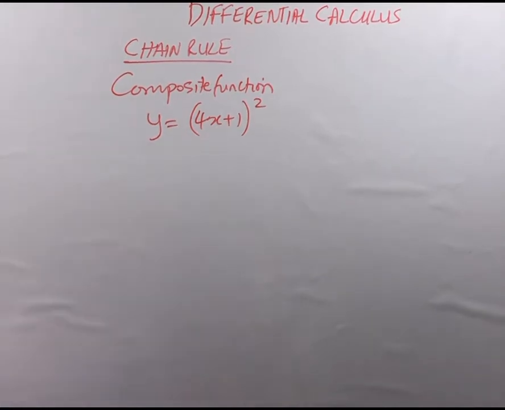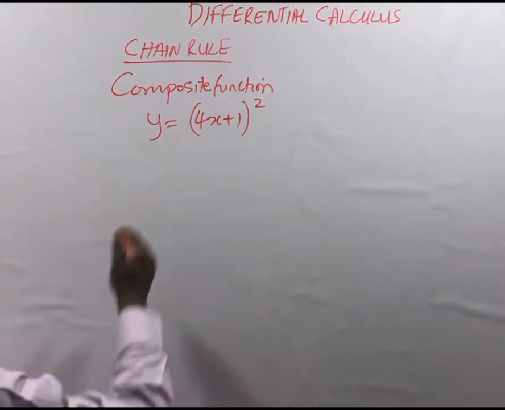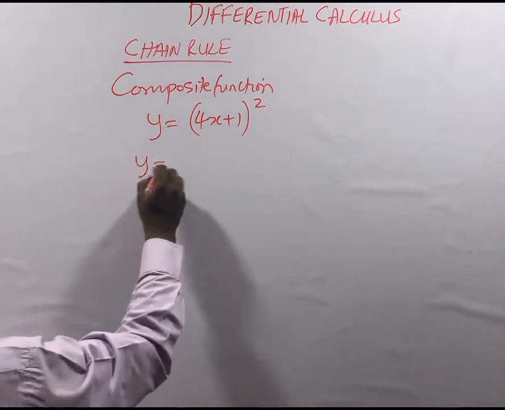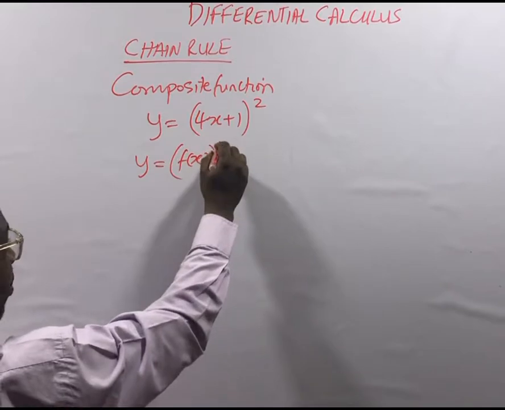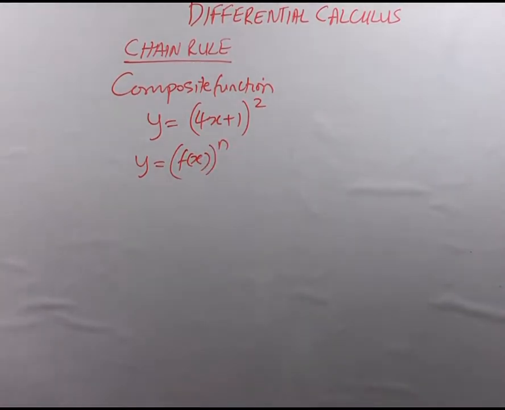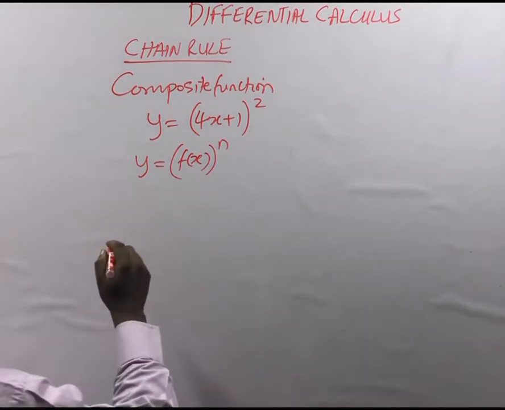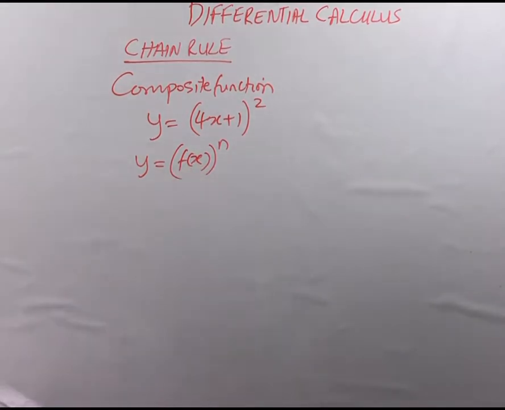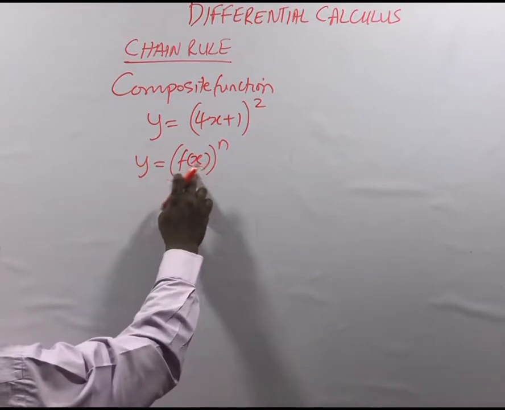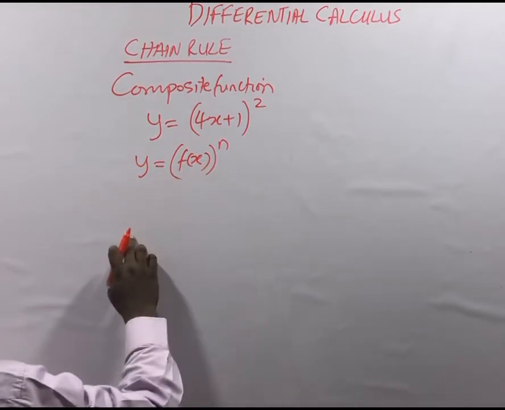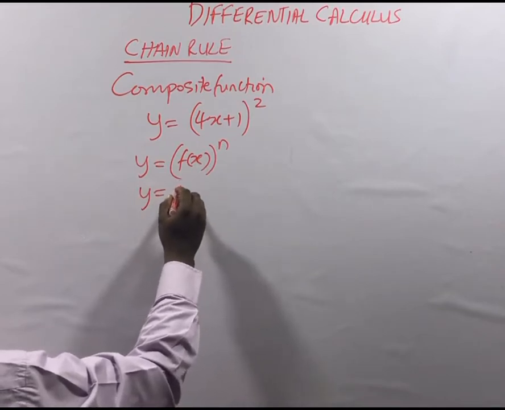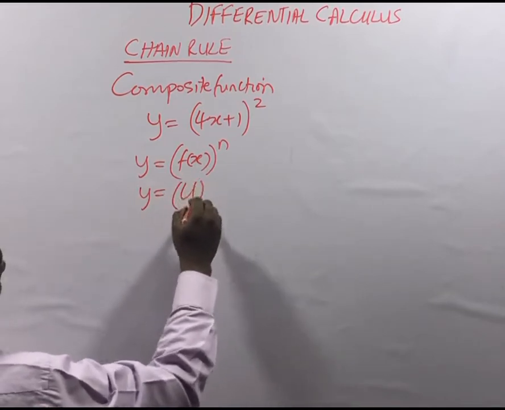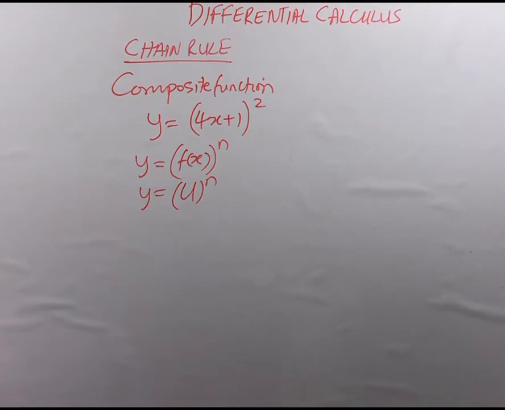So in dealing with a composite function, we have a scenario of y is equal to f of x raised to some kind of power. What we do in this case is that we represent this function by u, so that it becomes y is equal to u raised to power n. That's what we do.